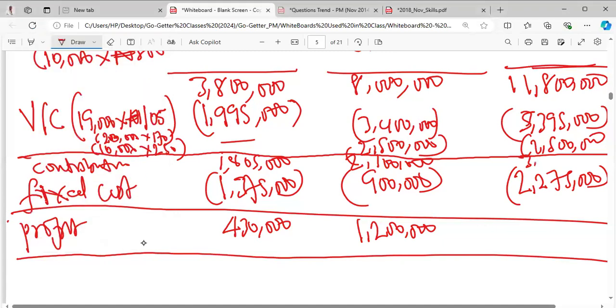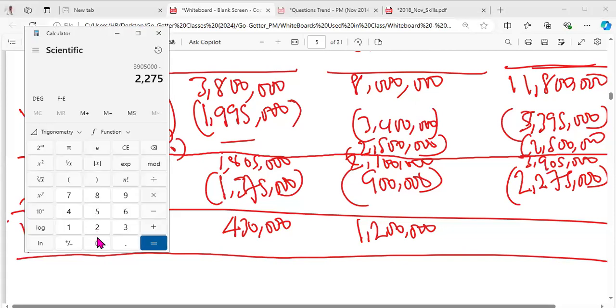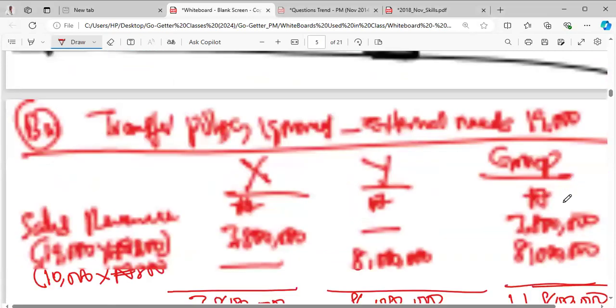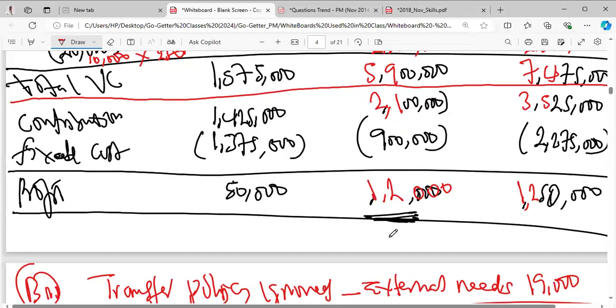And if I remove the fixed cost of 2,275,000, that gives me 1,630,000. Can you notice that this is different from this? But this one remains 1,200,000 as before. This has increased.